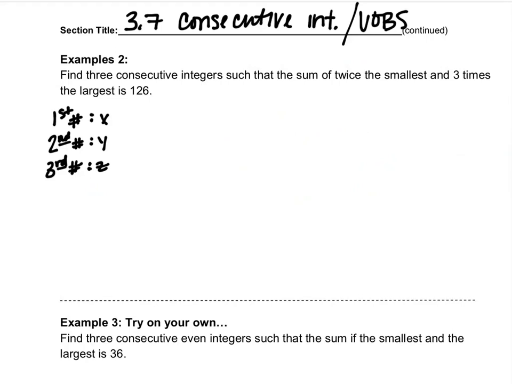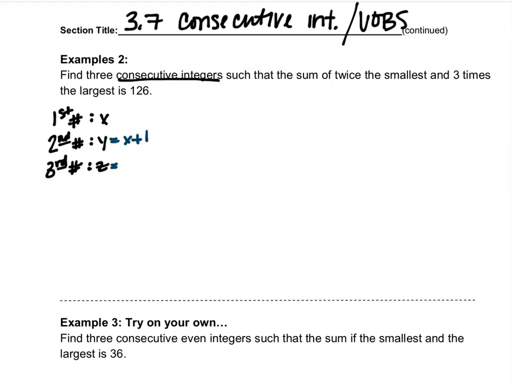Now because they are consecutive integers and I'm not worried about odd or even, if my first number is x, my second number is x plus 1, because it's the next integer that follows.